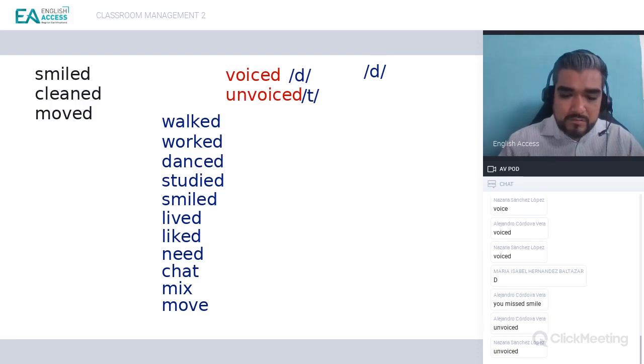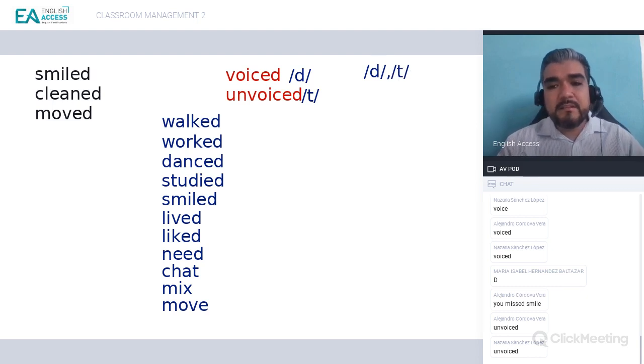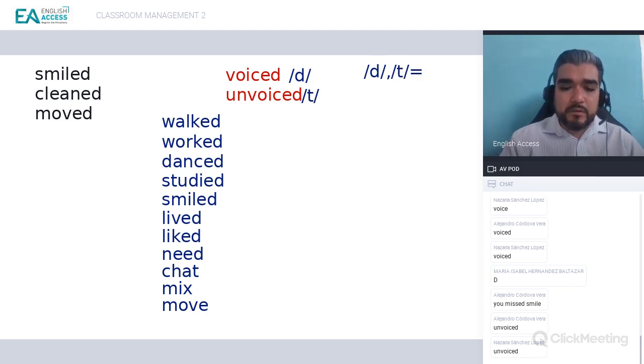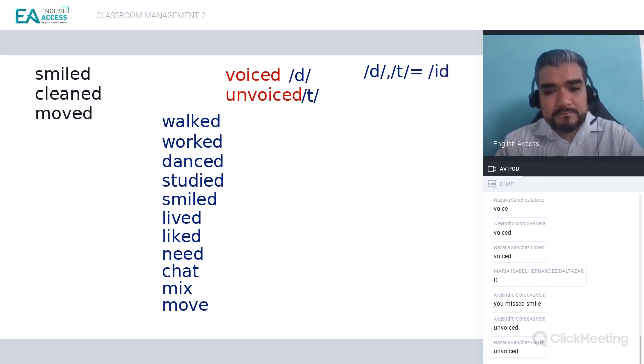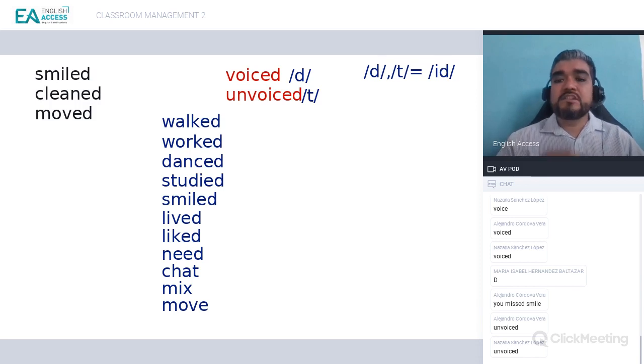So if they finish in the sounds /t/ or /d/, then the pronunciation in past must be /ɪd/. It's a short I with a /d/, right? Now the symbol says /ɪd/, so that's the symbol. It's /ɪd/, not /ed/, right? So you say needed, needed, no needed.